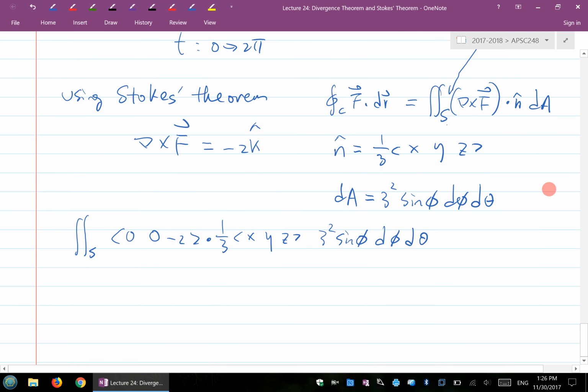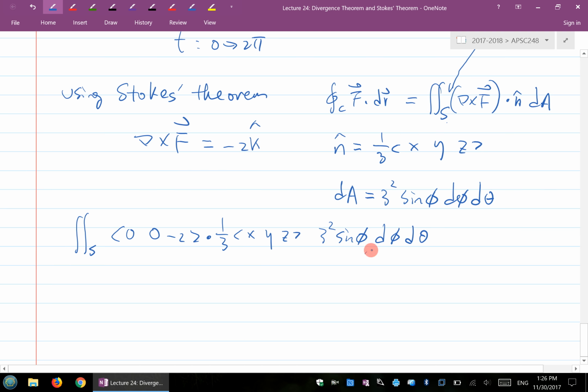That's the surface integral. Let's calculate the dot product: -2 over 3 z, times 9 sine phi d phi d theta.